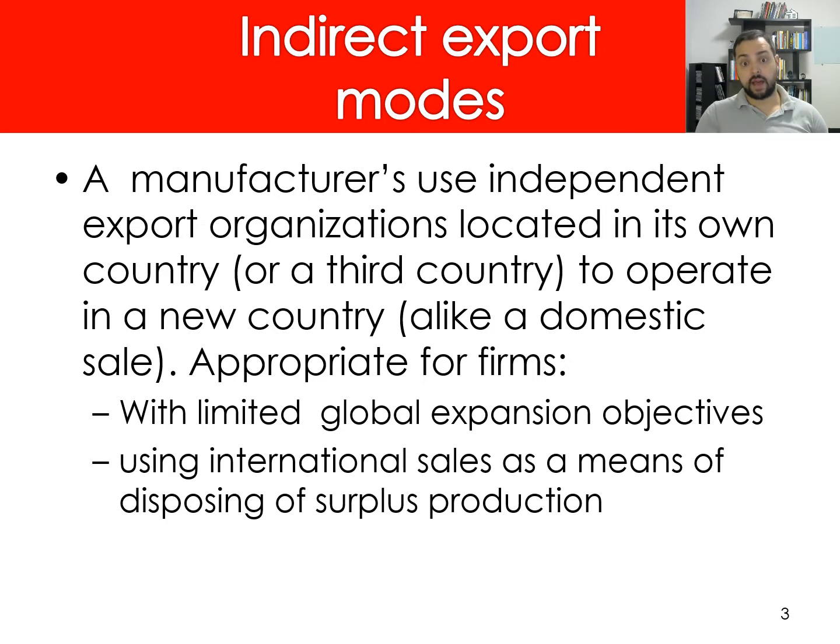Sometimes you can sell your product to export it. For instance, suppose a Brazilian company is exporting to Chile, and a company is buying your products in Chile, but then this company can sell these products all over Europe.